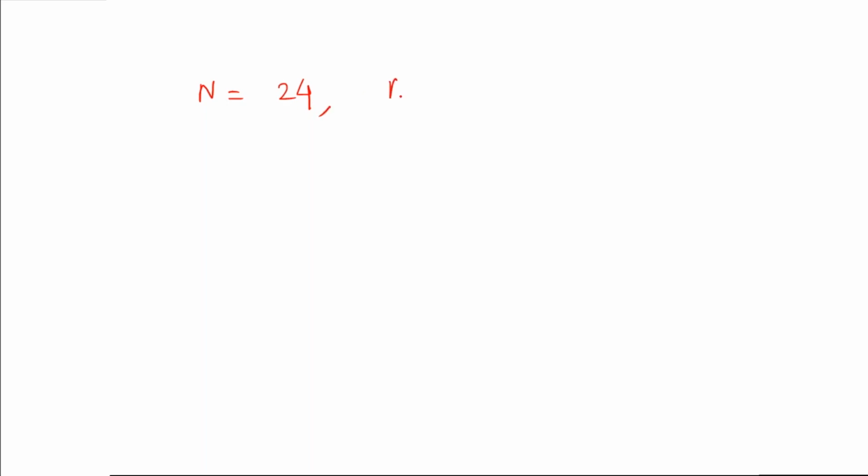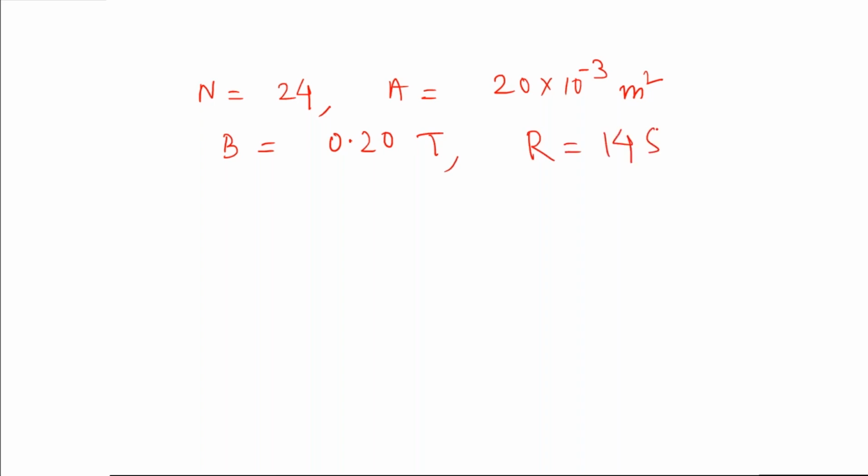Area is given as 20 into 10 to the power minus 3 meter square. And B is also given as 0.20 Tesla. And the resistance of the coil is also given as 14 ohm.